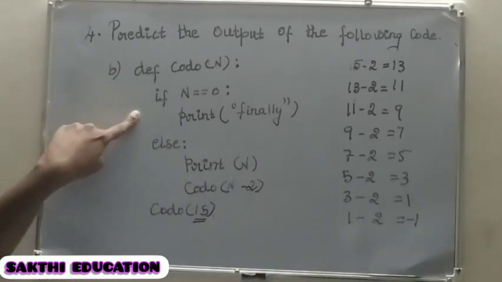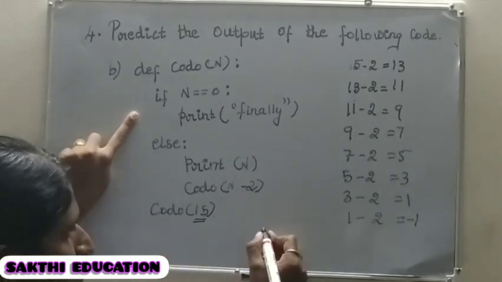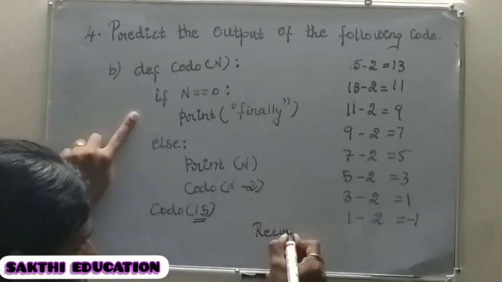You will never reach the base condition. So it will continue its execution. Then Python will throw an error. What type of error? Recursion error will occur.